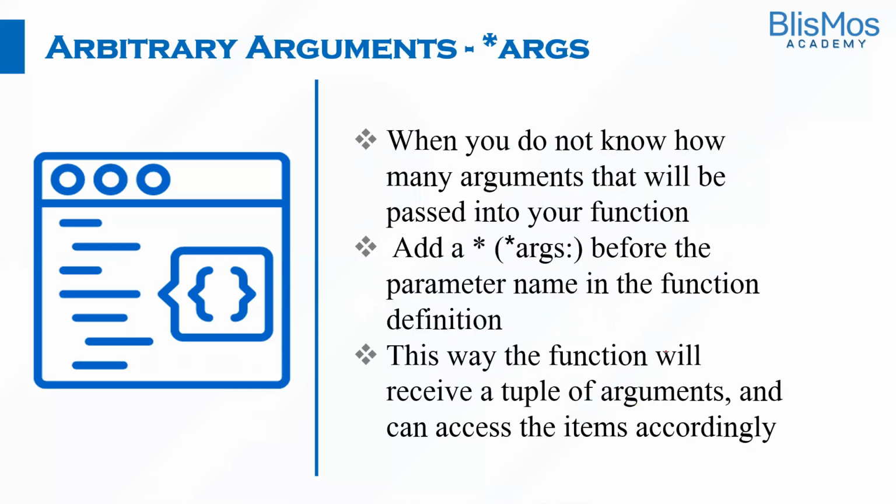Wonderful, isn't it? Sometimes it so happens that you don't know how many arguments you will pass. In that case, you can add star arguments as a part of your function. That way, whatever item you want to access from that function, you can easily do so when you execute the function.